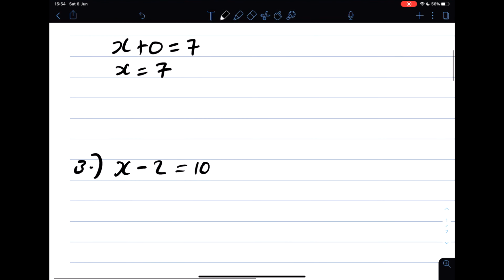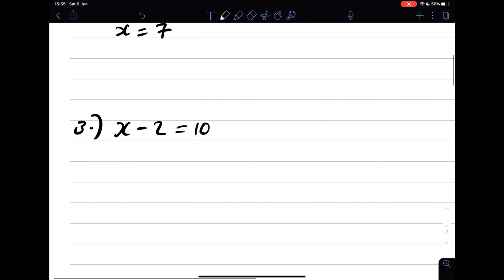Now with the subtraction, you have to be really careful. Maybe it's just me, but a mistake I sometimes make is, to get x on its own, you have x minus 2. Now to get x on its own, you add 2, because minus 2 plus 2 equals 0. So whenever you see a minus 2, you have to add 2 to both sides. Sometimes I look at the sign and I think, oh, it's just minus.